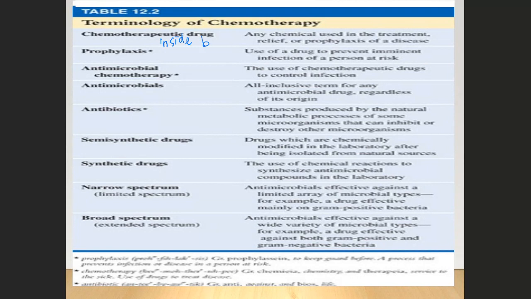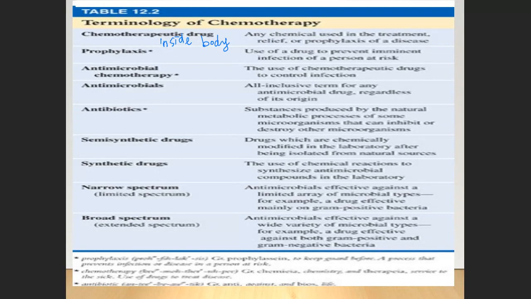Compared to chemical and physical agents that are used for controlling the pathogenic bacteria or microbes outside our body. We already talked about that in chapter 11, which is prevention. This one is curation, which is where we try to cure our body from disease that is already inside our body.